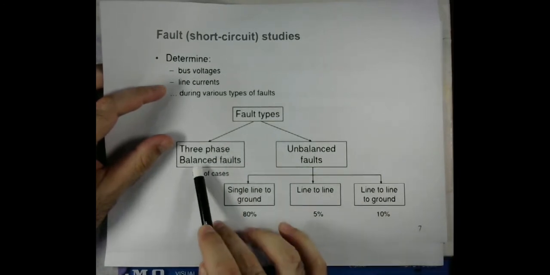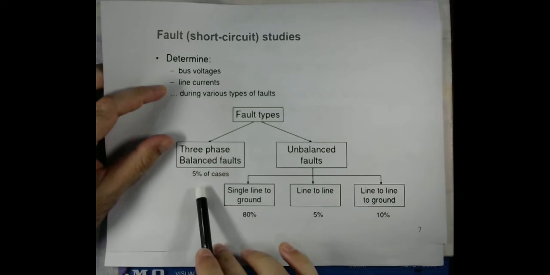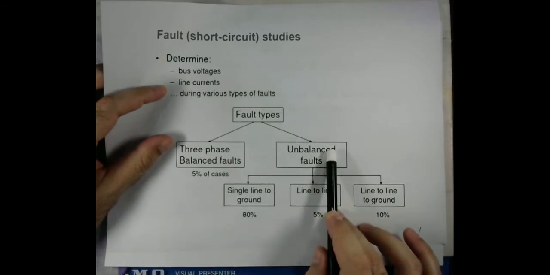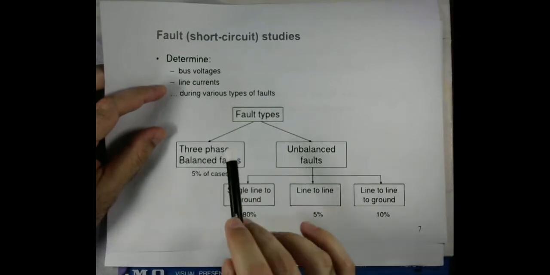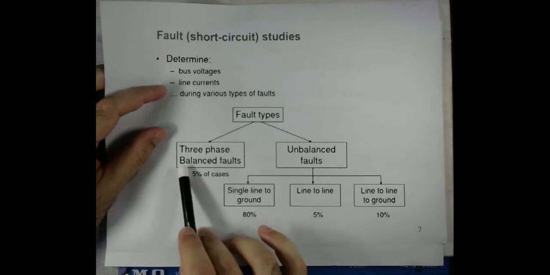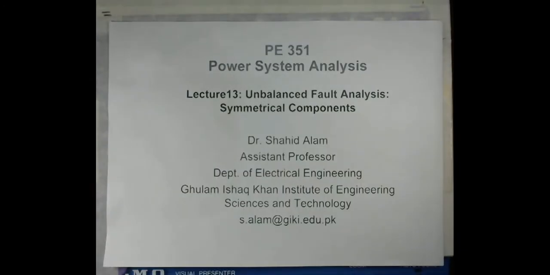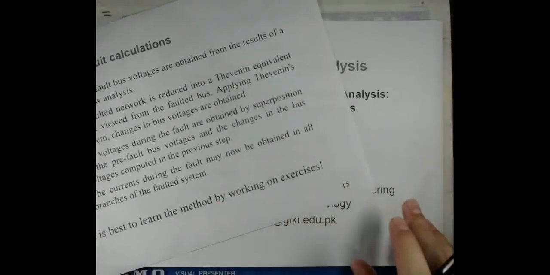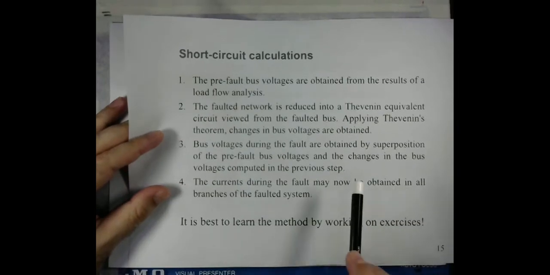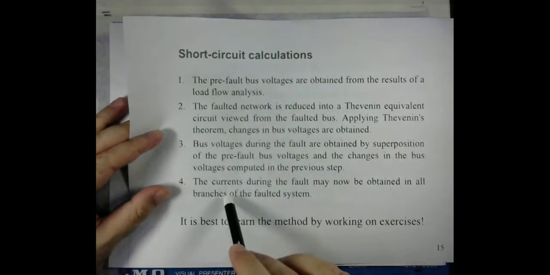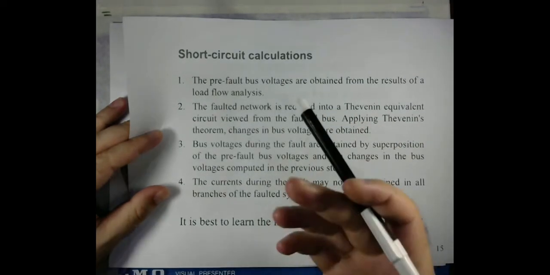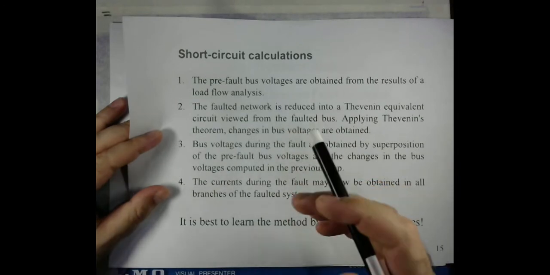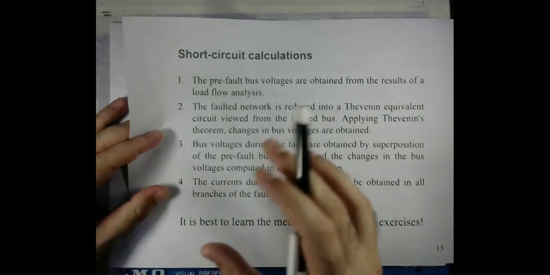Could be a balanced fault where all the three phases are equally affected, or could be an unbalanced fault. We discussed the balanced faults, and we also discussed the analysis of the balanced fault using Thevenin theorem. These are the steps which are required to solve a balanced type of fault.